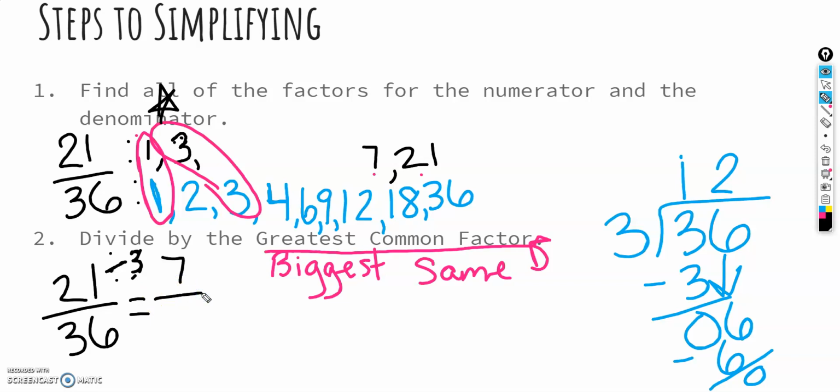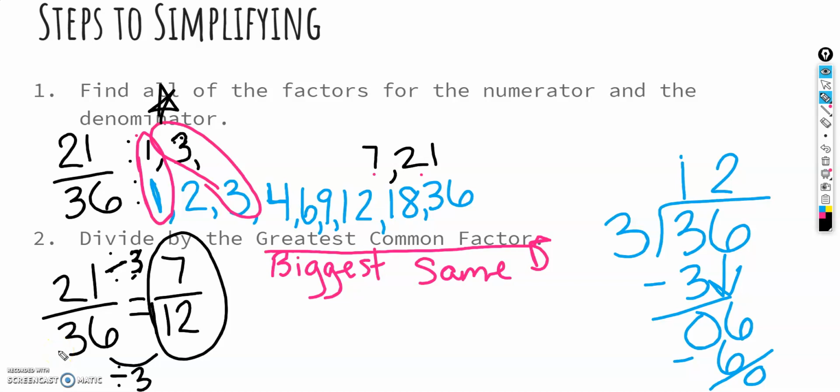And 36, if I do it to the top, I do it to the bottom. 36 divided by 3 is 12. So this is my reduced or simplest form. Okay, so that's as small as it can be.